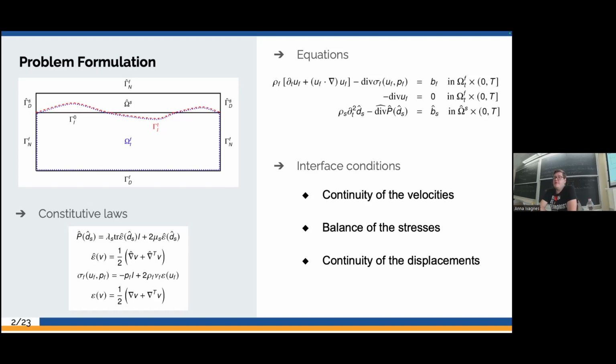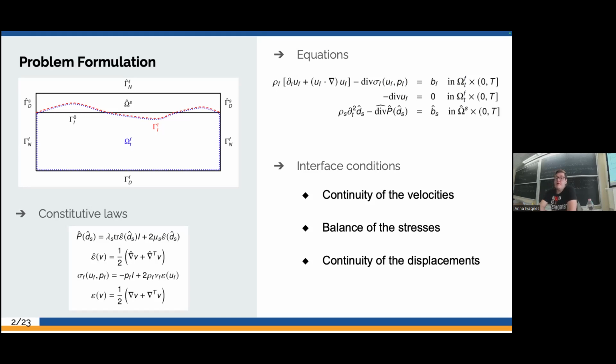In order to be able to describe the interface conditions in a mathematical way, we need to introduce some kind of mapping between the reference and the current domains.